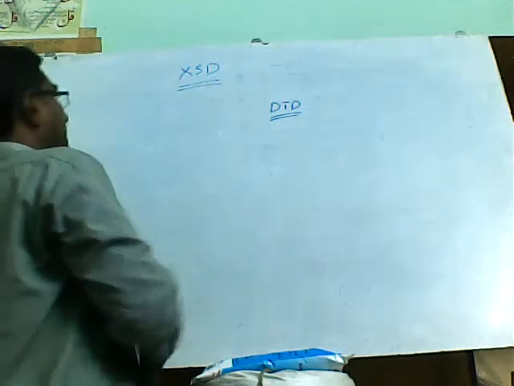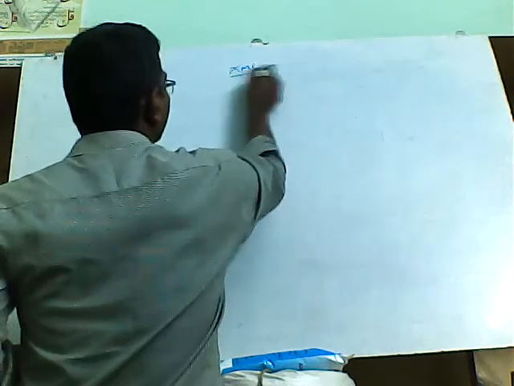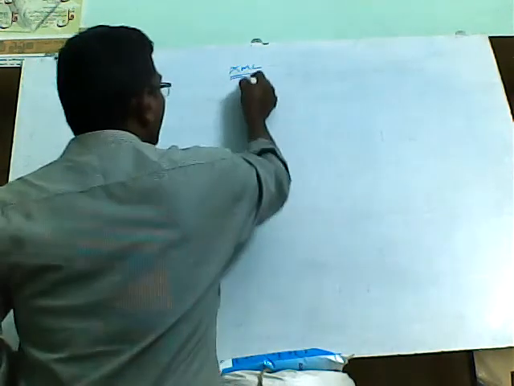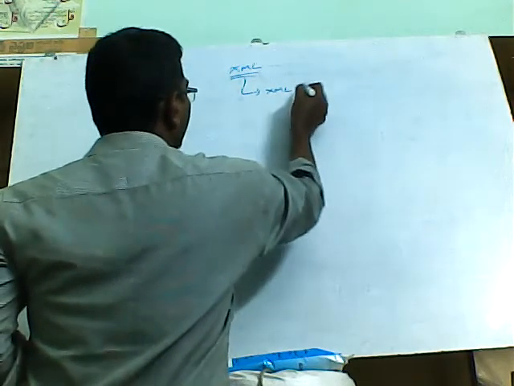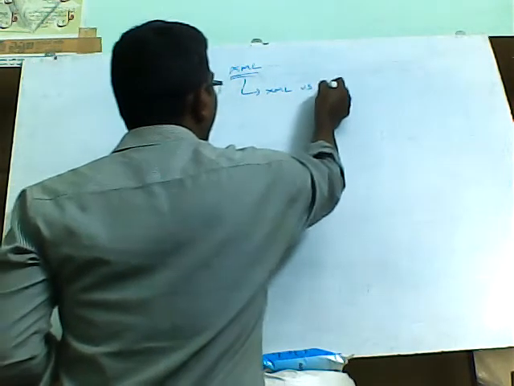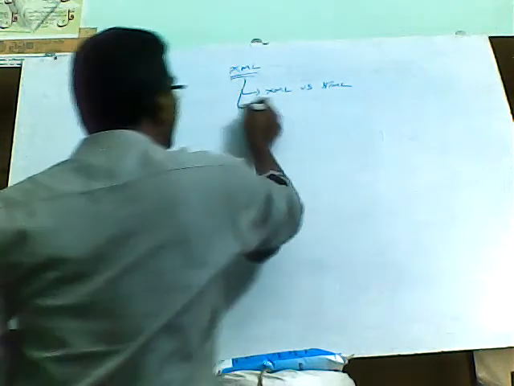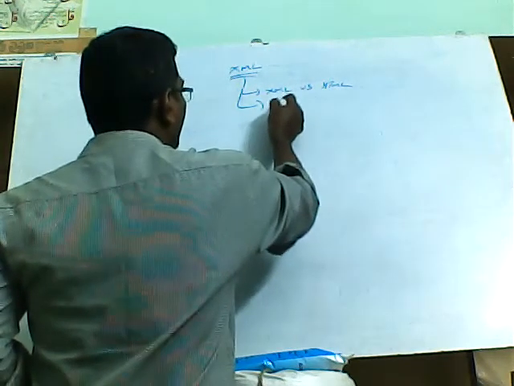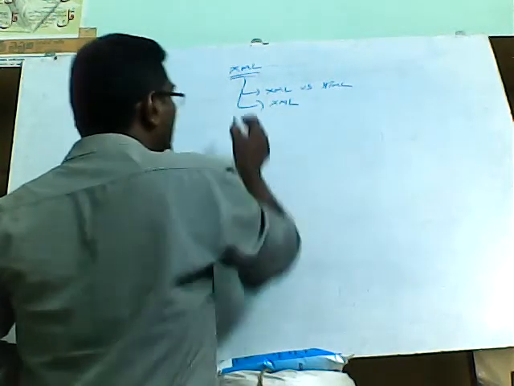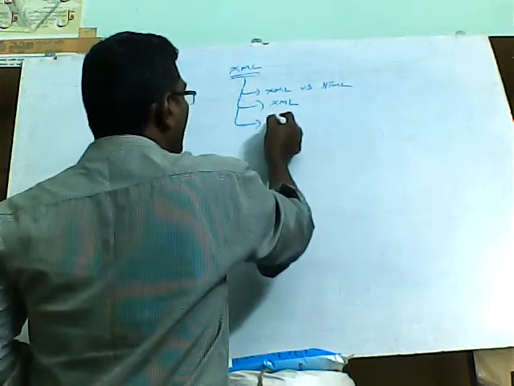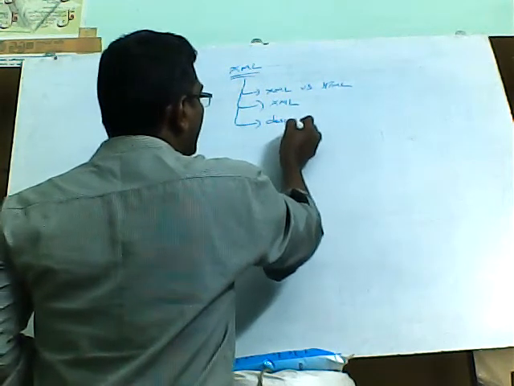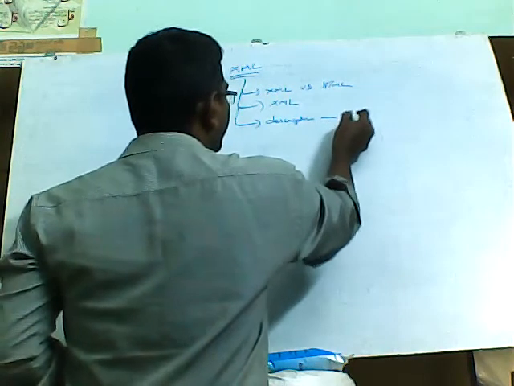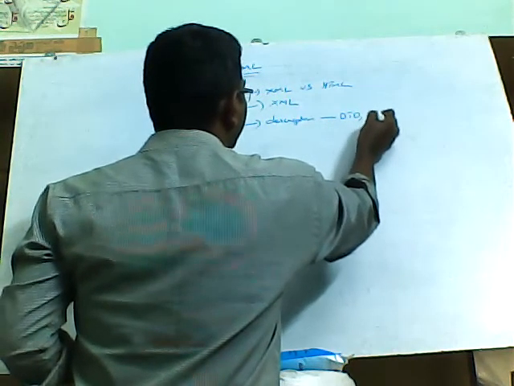So up to now in the XML, we have learned some concepts like what is an XML and what the differences between XML and HTML are. Then, how to write an XML document, what things we need to consider, and how to write the description of that XML document by using DTD and XSD.